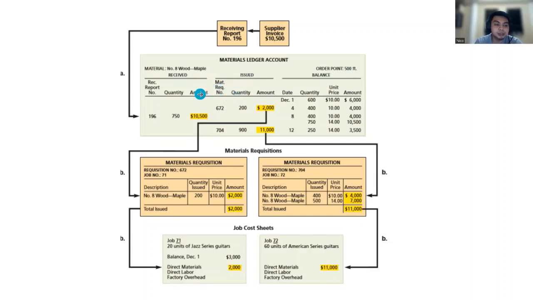Debits are based on receiving reports such as 196. These are supported by the supplier invoice. The issued items are based on the materials requisition, and the information is found in requisition number 704 and requisition number 672, with details of the quantities taken, 2,000 and 11,000.